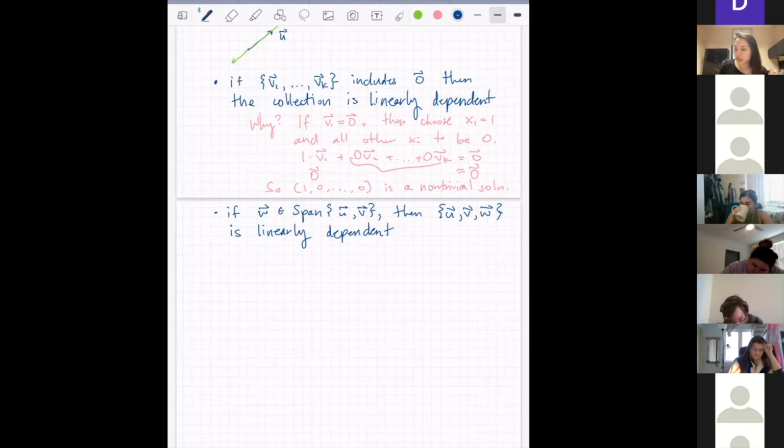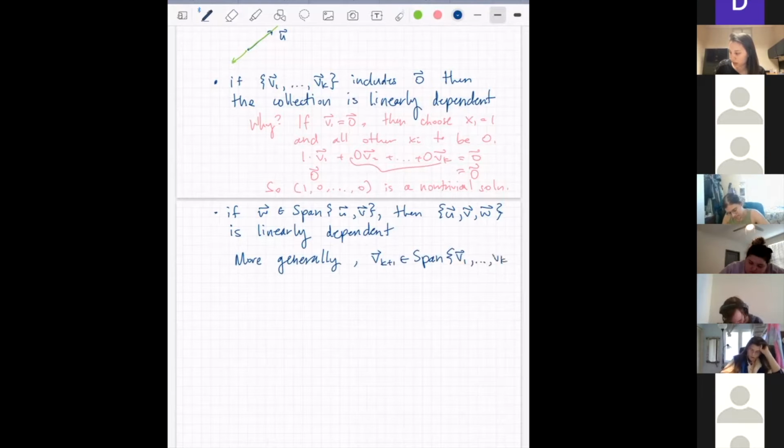And more generally, if you have a collection of, say, k vectors, and you add a vk plus 1 that's in the span of v1 up to vk, then, maybe I'll put an if in here.